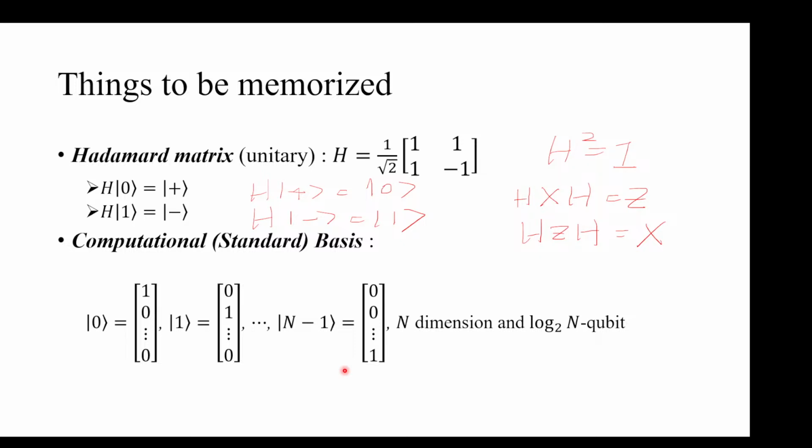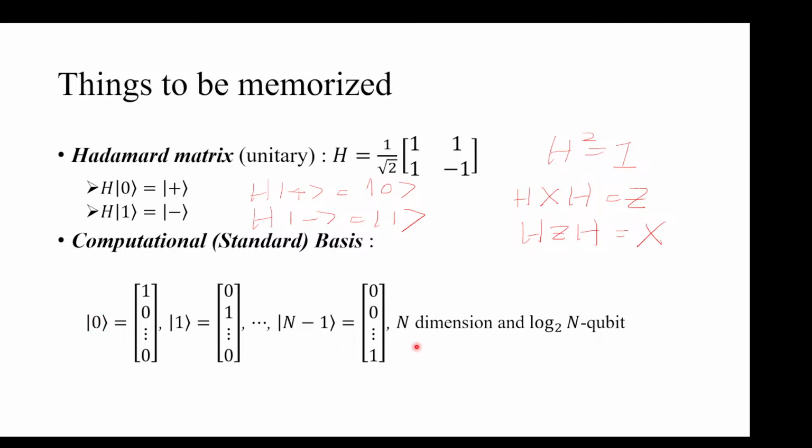Then we have a bit of a notation issue, the standard computer science dilemma of whether you count from 0 or from 1. Here we count from 0, so the first state is named 0 and the second state is named 1. With n states, we count from 0 to n minus 1.